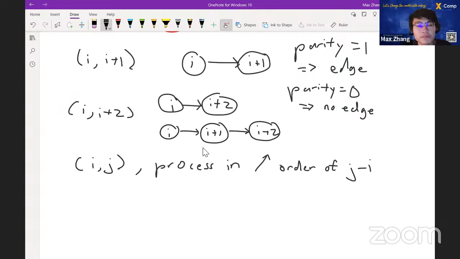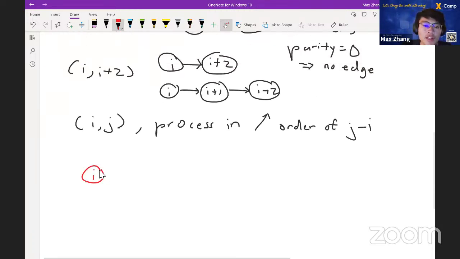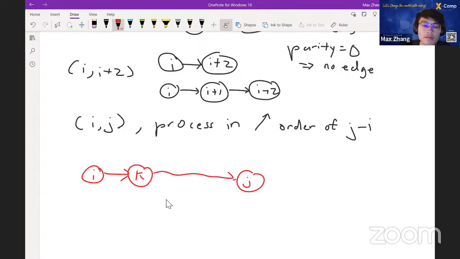What I'm going to do is essentially from i to j, first consider the case where there is an intermediate vertex. So in that case, we're going to iterate on k. And to avoid overcounting, we're going to assume that k is the second vertex on the path.